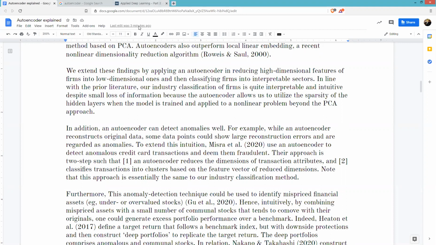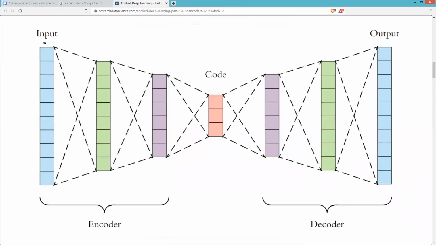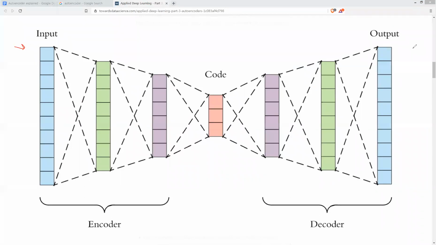Remember an autoencoder: we plug input data at the input layer, and then we have reconstructed data at the output layer. So we can compare input data and reconstructed output data. Some data may be similar, but some observations may be very different. Input data and reconstructed data could be vastly different. In that case, we can regard that data point as an outlier. That's the idea.